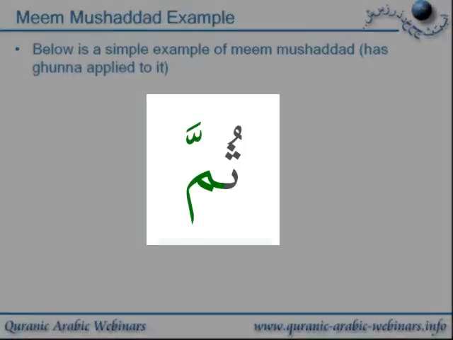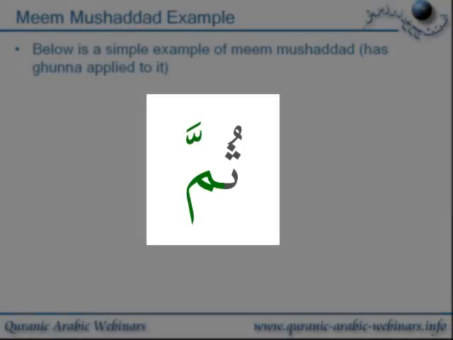The first one then is the Meem Mushaddad. So here we have a word which is thumma. Now normally you could just read that as thumma, but now we're going to apply the rule. The rule is that when Meem carries a shadda, regardless of whether it's got a kasra, fatha, or dhamma on top of it, then it's going to be done with this ghunna, i.e. nasalization, and we color code these in this green color.